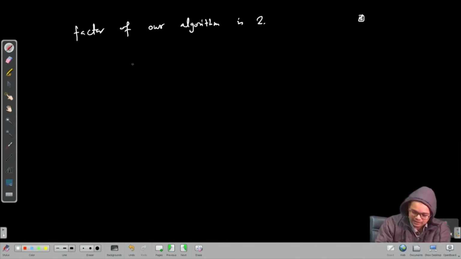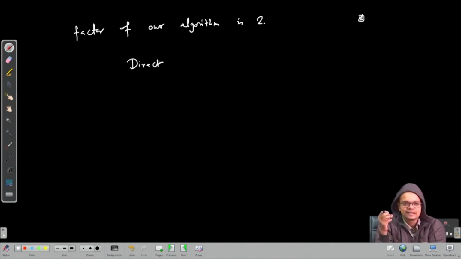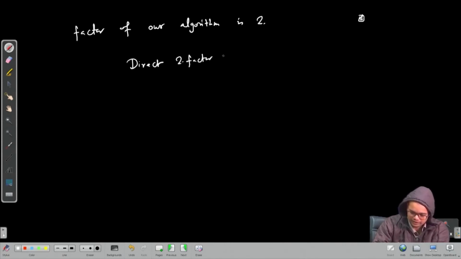So, next is a direct two-factor approximation algorithm for vertex cover, and there we will see some more extra structure of the fractional solution of vertex cover.